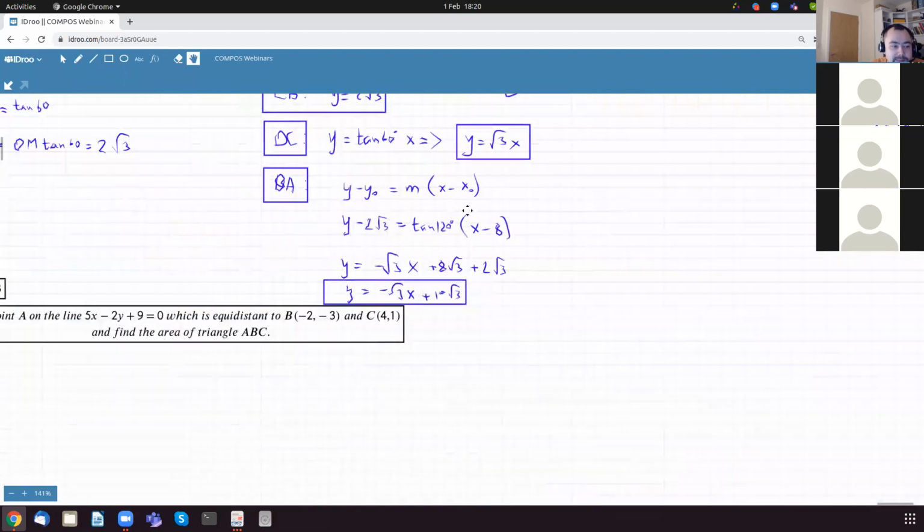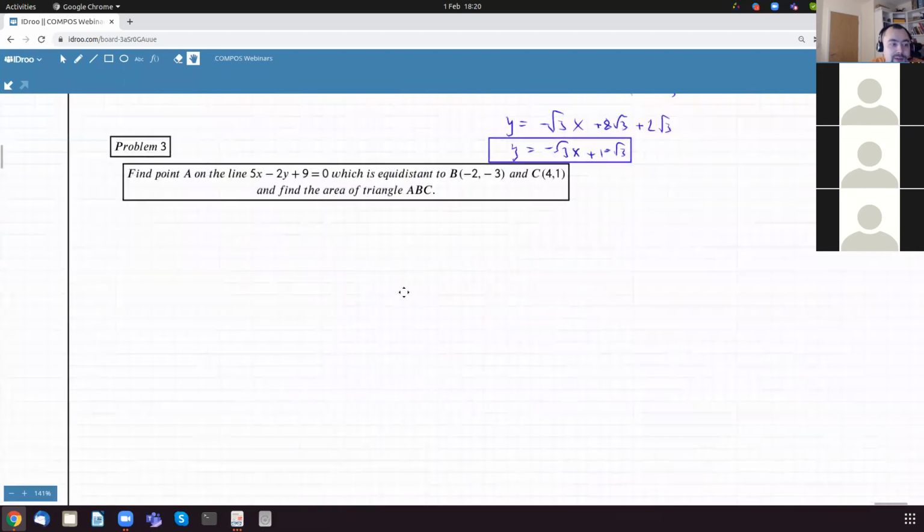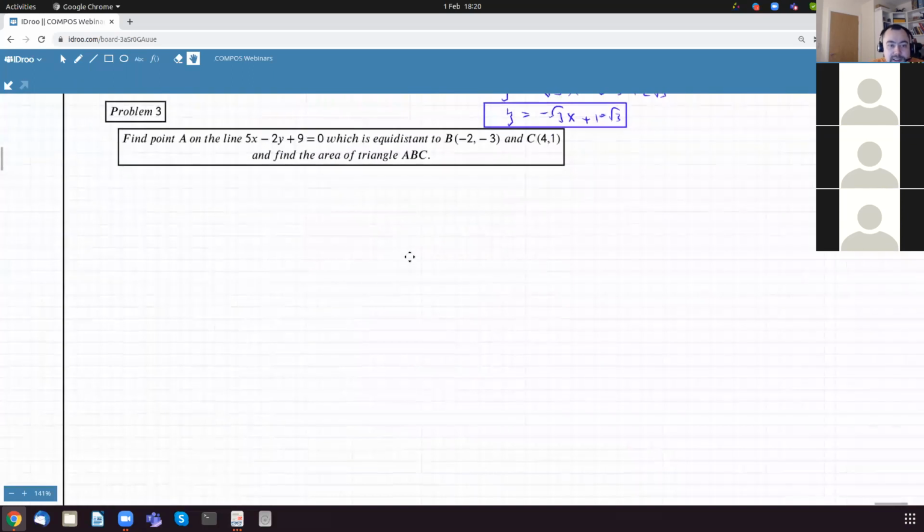Okay, coming back. Find point A on the line which is equidistant from B and C. Find the area of the triangle ABC. Here we don't necessarily have to do a coordinate system. We can just draw, because it's a bit of a hassle to draw this line.